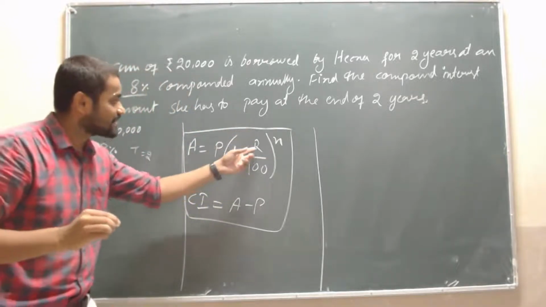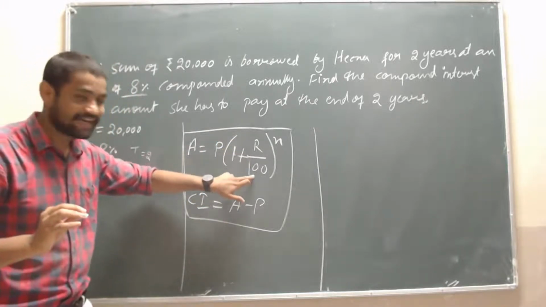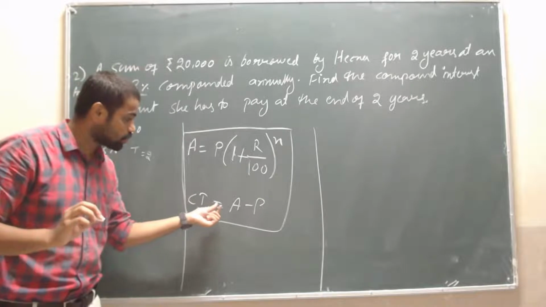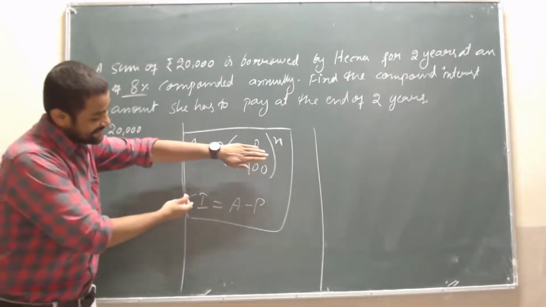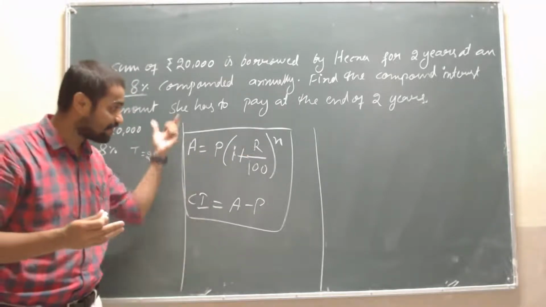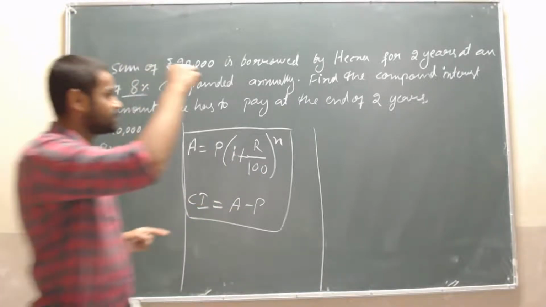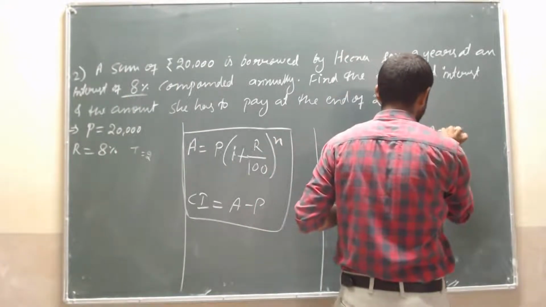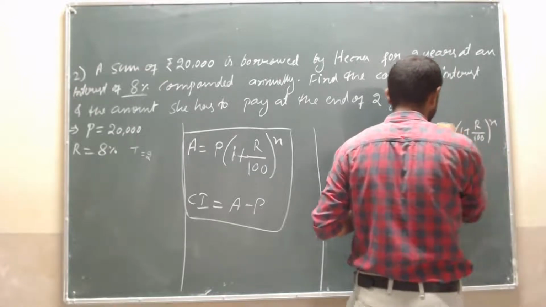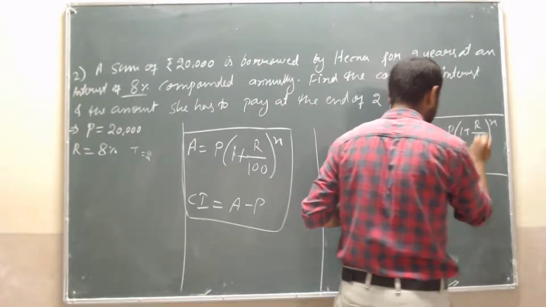A is equal to P into 1 plus R by 100 whole to the power of n, then CI, compound interest, is equal to A minus P. But we have to know about the amount now. That's why we have to concentrate on both these formulas. So I will write this here: A is equal to P of 1 plus R by 100 to the power of n, and CI is equal to A minus P.